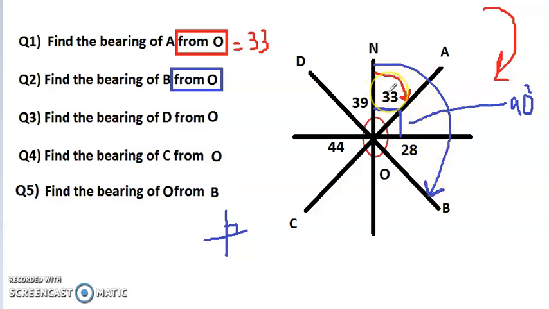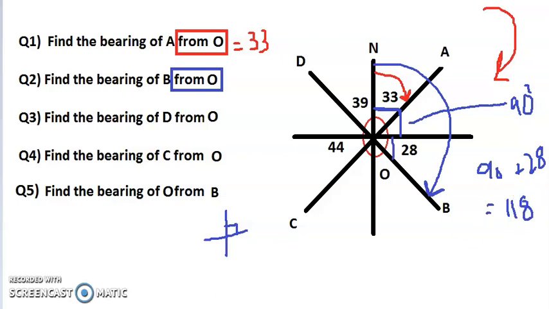Therefore the answer is 90 plus 28, because this is 90 and this is 28, right? So I write 90 plus 28. Now the answer is really simple. 90, 100, 118, right? Therefore the answer is 118.